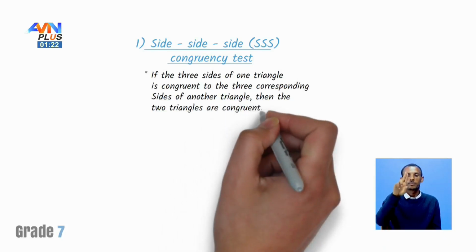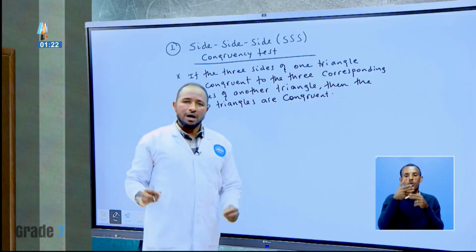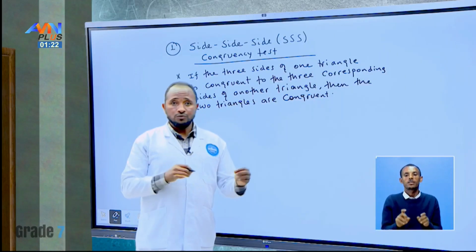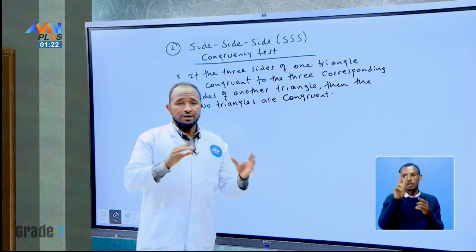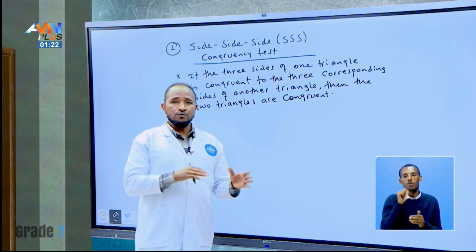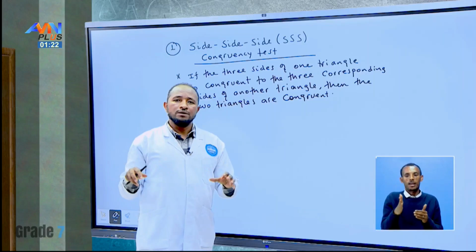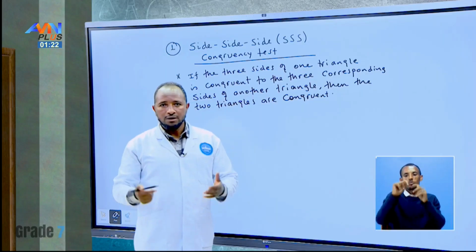And this test is called the side-side-side congruency test. So in order to judge whether the two triangles are congruent or not, if you know the three sides, if their corresponding sides are congruent, then the two triangles are congruent.